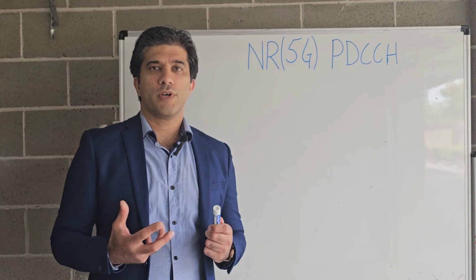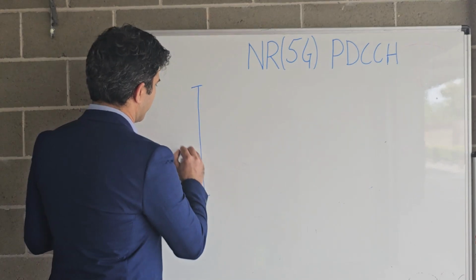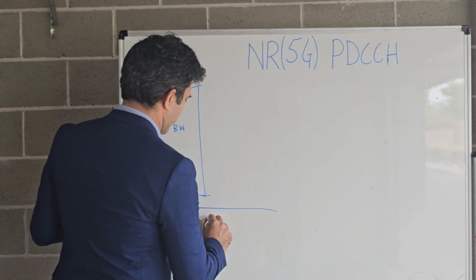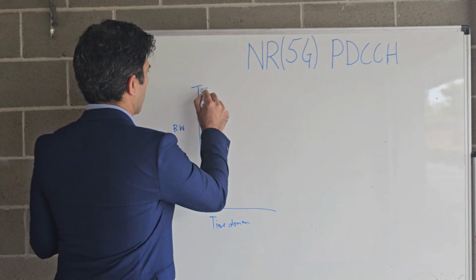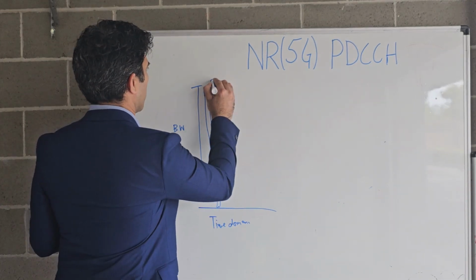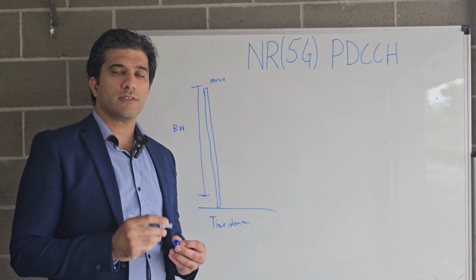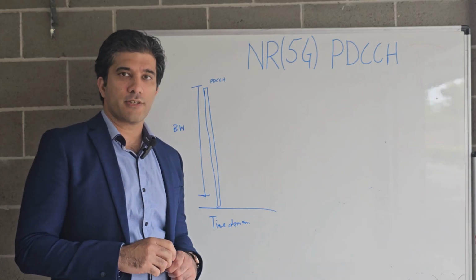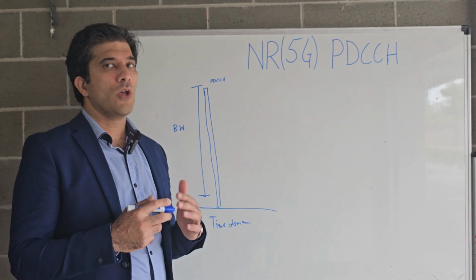If we put it into a simplistic diagram, if this is your channel bandwidth and this is your time domain, then all of your control channels, PDCCH, across your bandwidth, the first 1, 2, 3, or 4 symbols are actually your PDCCH used for the transmission of PDCCH, and this is across the whole bandwidth of a particular carrier.